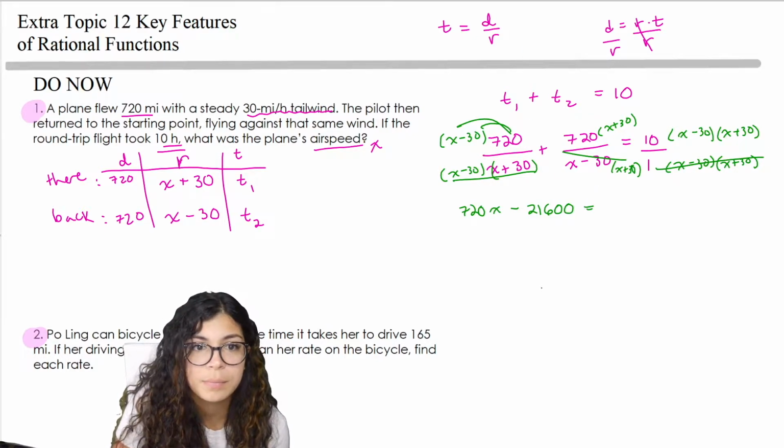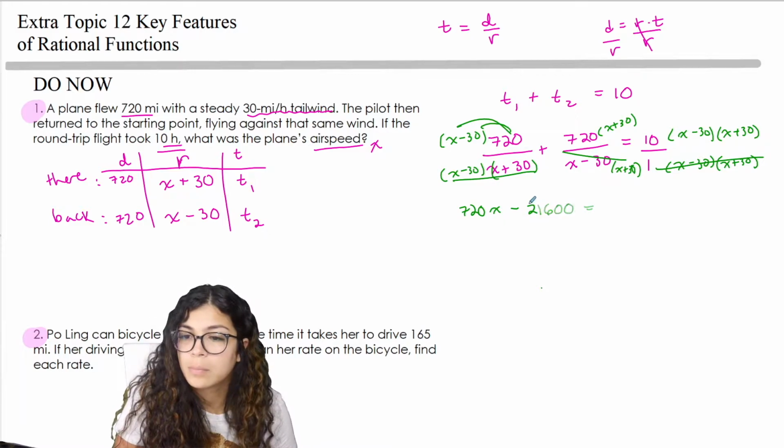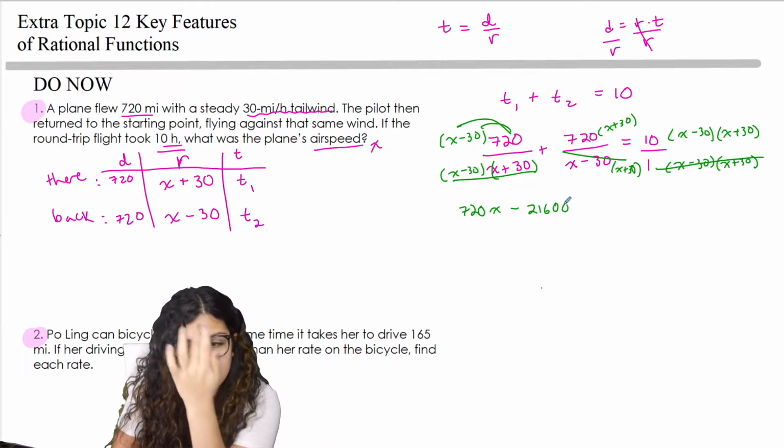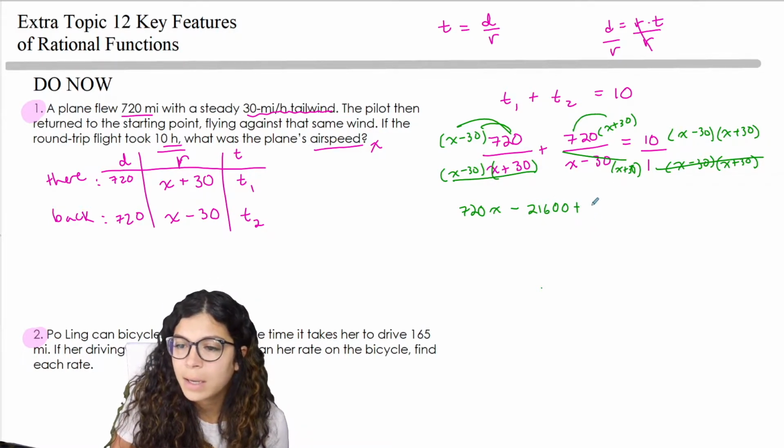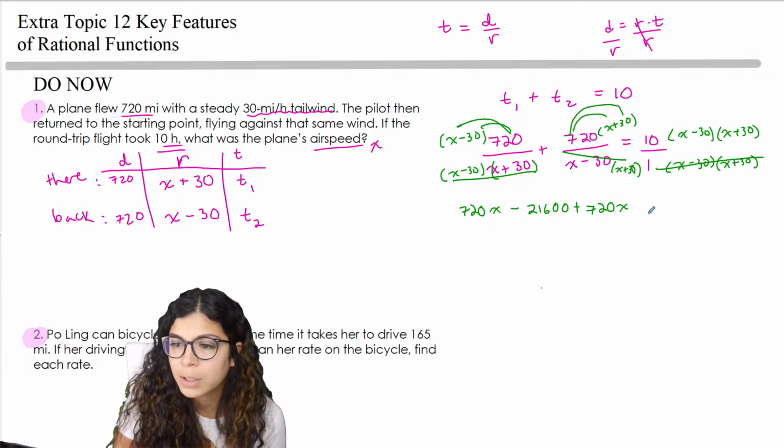Plus 720 times x, which is 720x, and 720 times positive 30, which is positive 21,600.